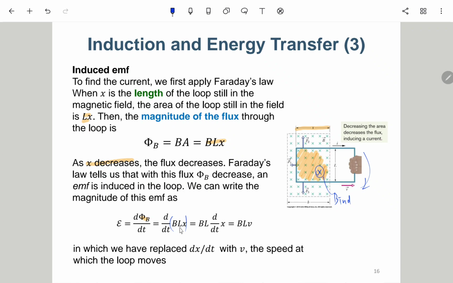B is a constant and L is a constant, so we put them in front, and then we have dx/dt, which is the velocity. So we can write it as B times L times v. This is the expression of the induced EMF.